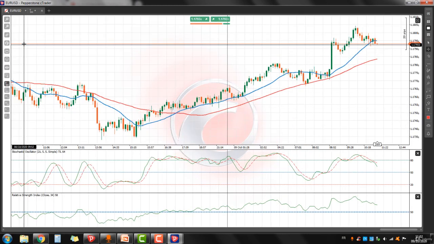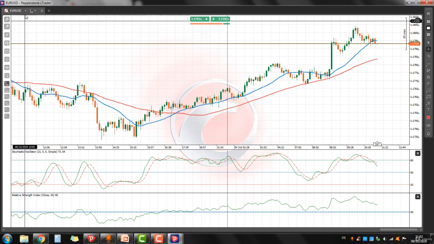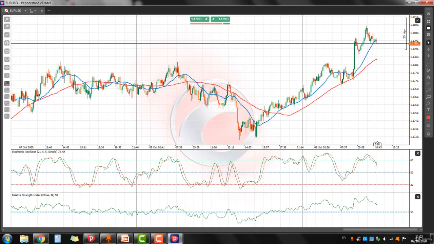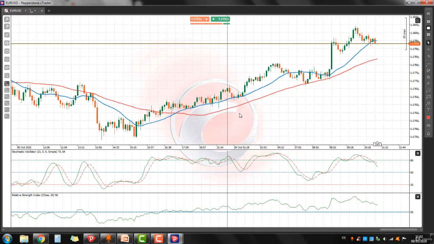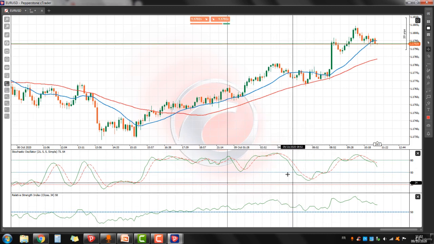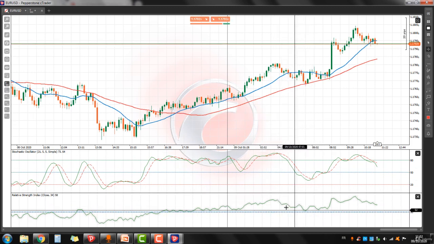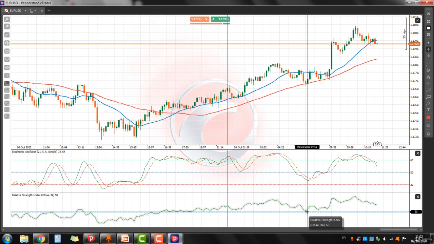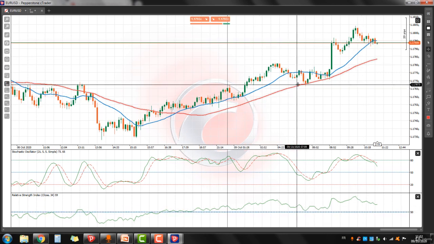See how the market gives a perfect entry here. The market did a pullback to the 50 horizontal line on the RSI.